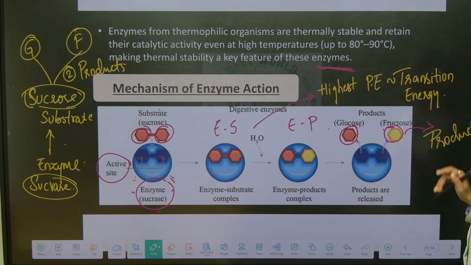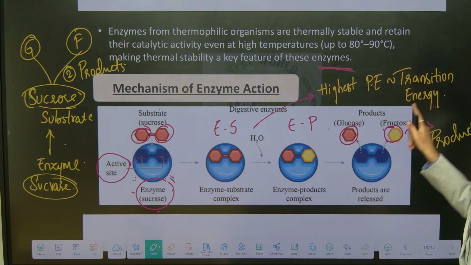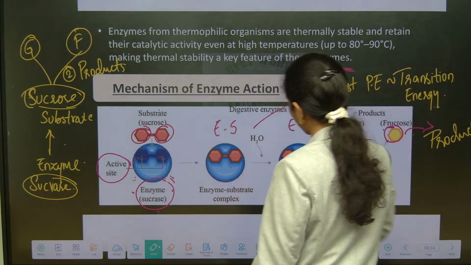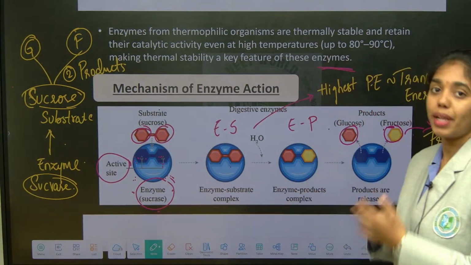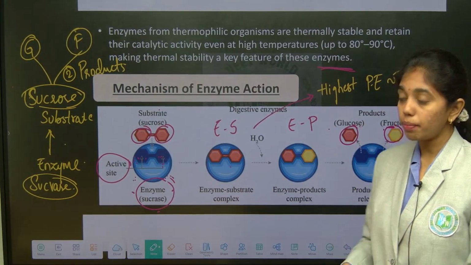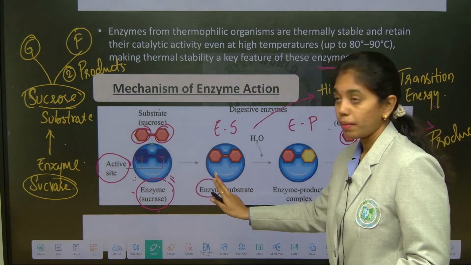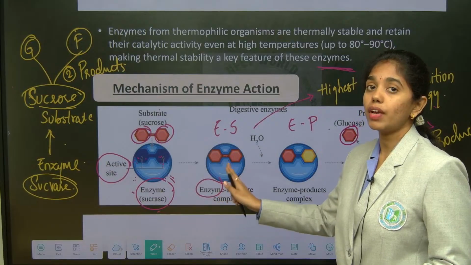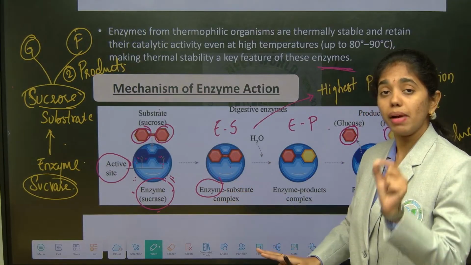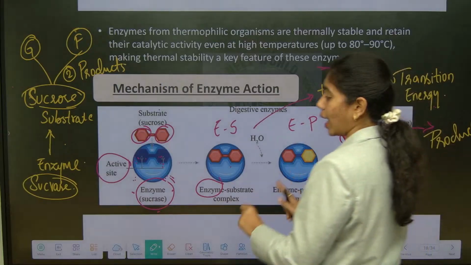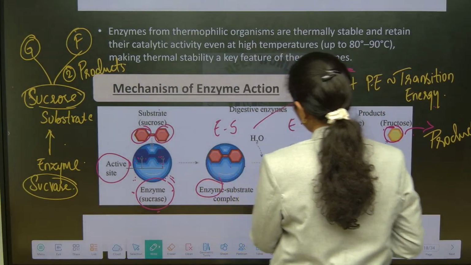Fine, right? So, the transition energy to convert from enzyme substrate to enzyme product is highly minimized with the enzyme. That is addressed as activation energy, which is the minimal energy required to transit from enzyme substrate to enzyme product.